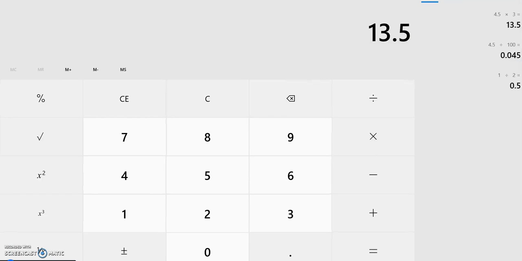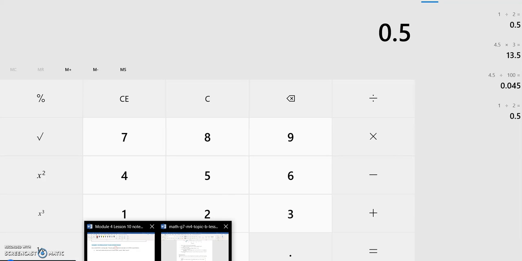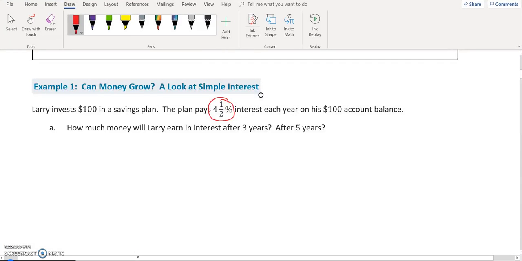In other words, it's the whole number 4, and then 1 divided by 2, which is 0.5. So 4.5 over 100 is equal to, the decimal form of that would be 0.045. Remember, we've always got to use it as fraction or decimal form if it's a percent.